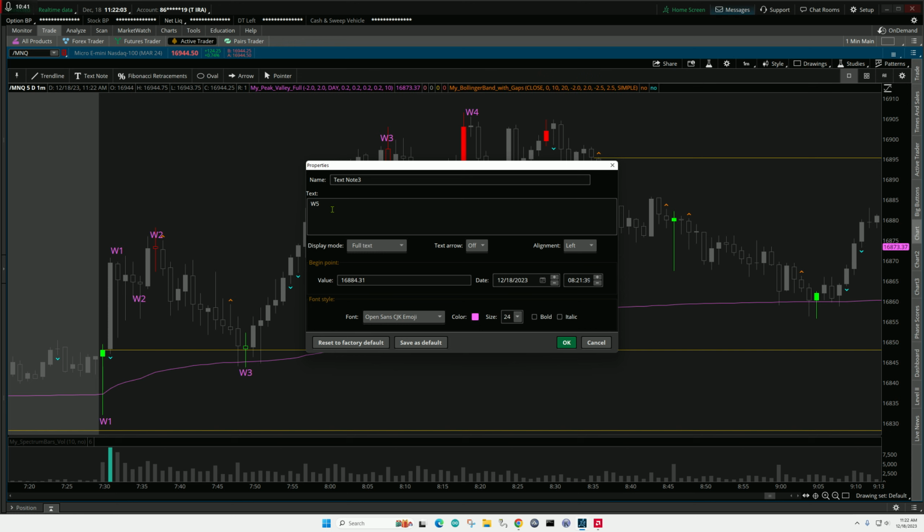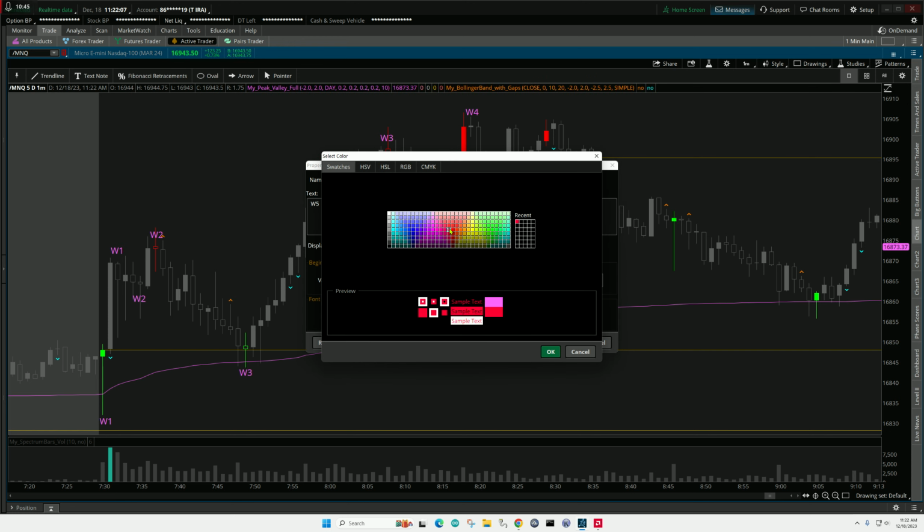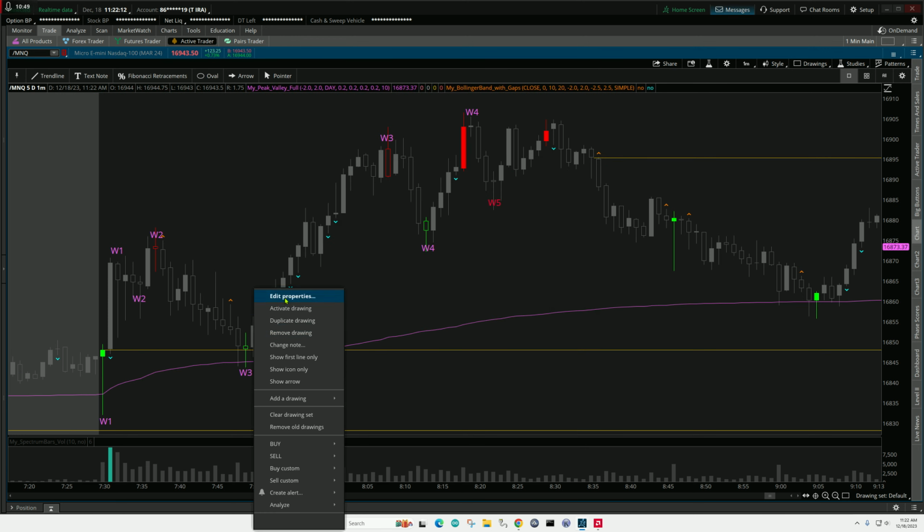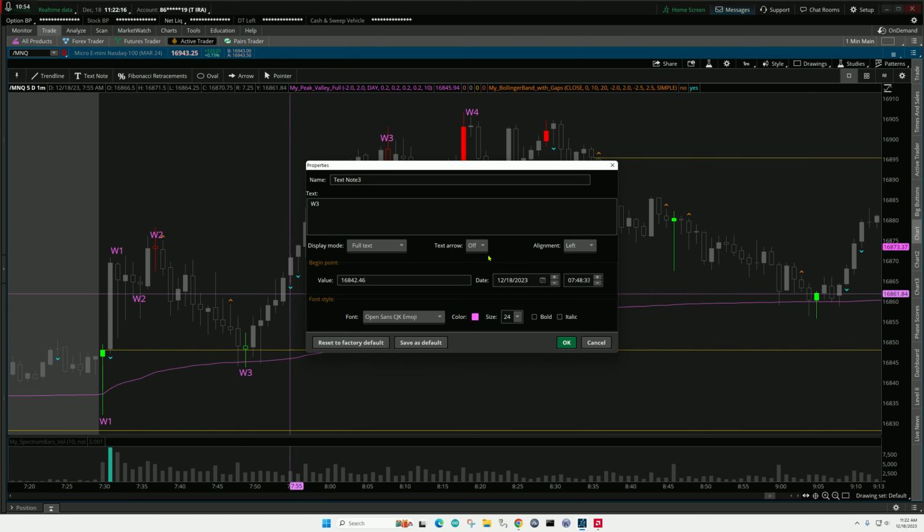I'm going to edit this one, and we'll change it red for a failed wave. This wave 3, edit properties. It's also a failed wave.